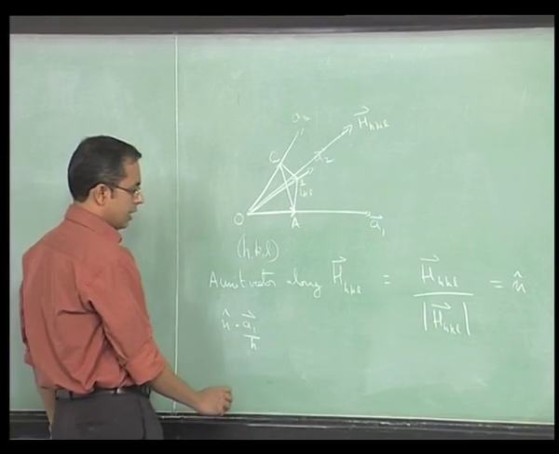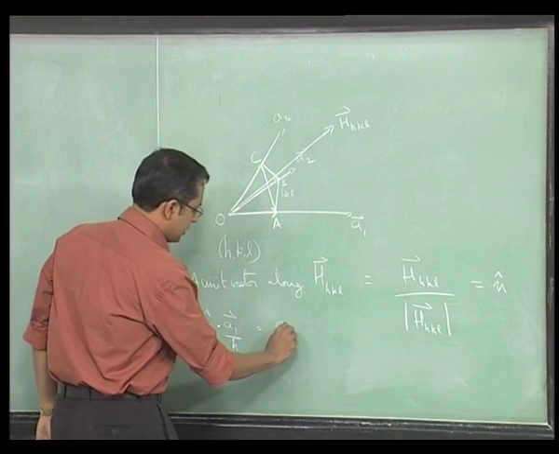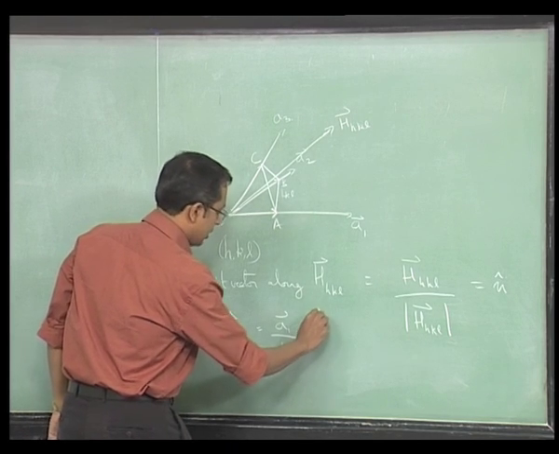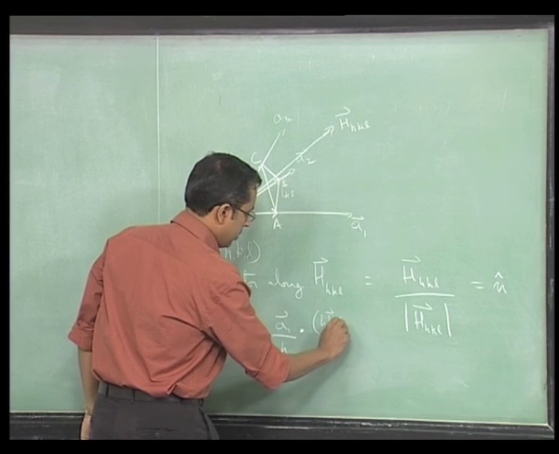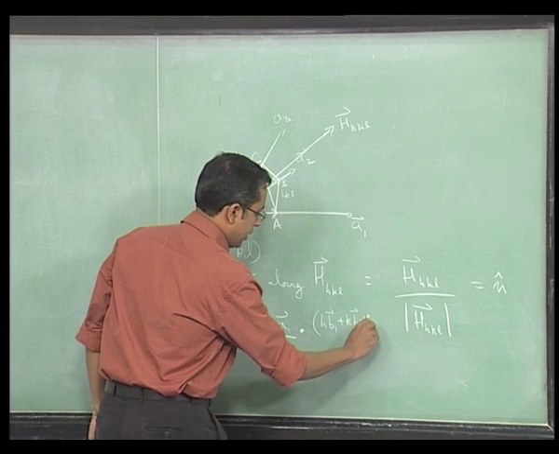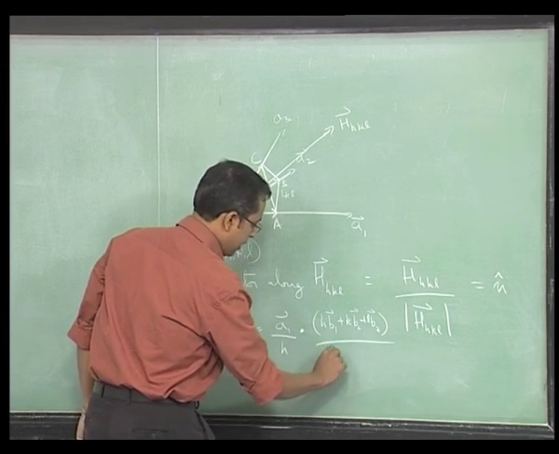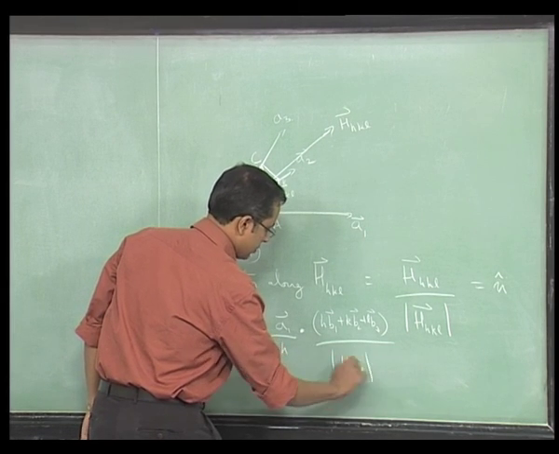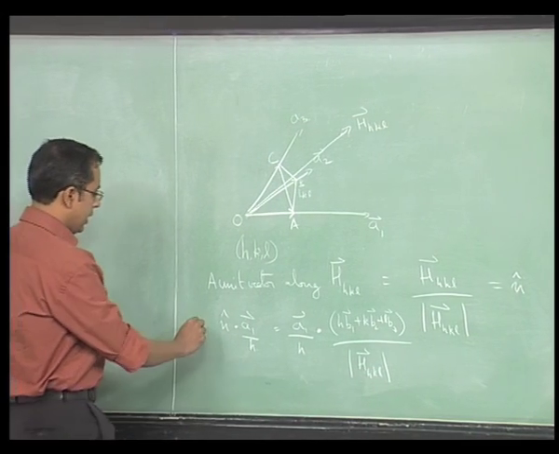So this is simply A1 by H dot product with HB1 plus KB2 plus LB3, divided by the modulus of HHKL. Okay. So this is DHKL.